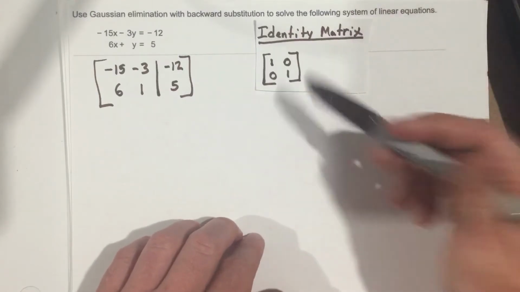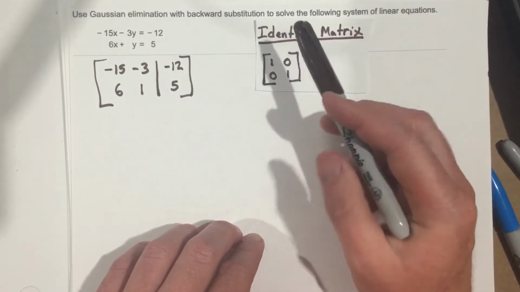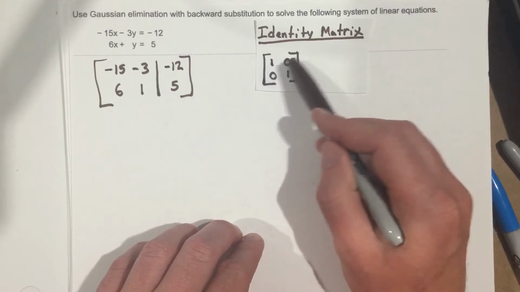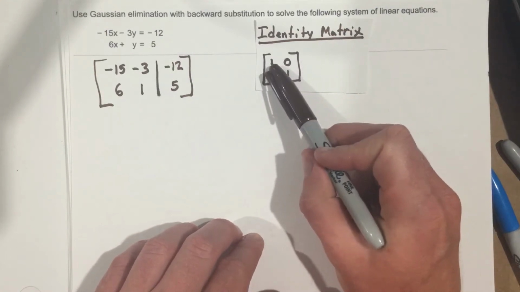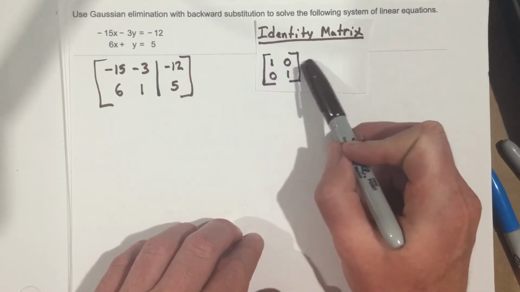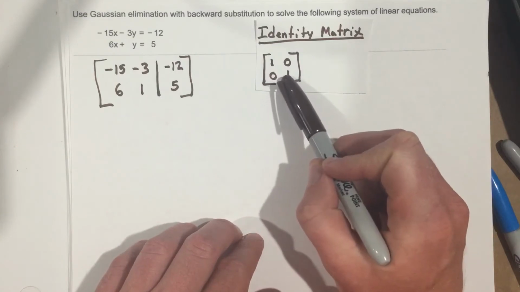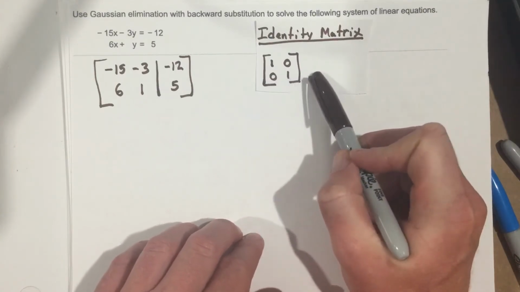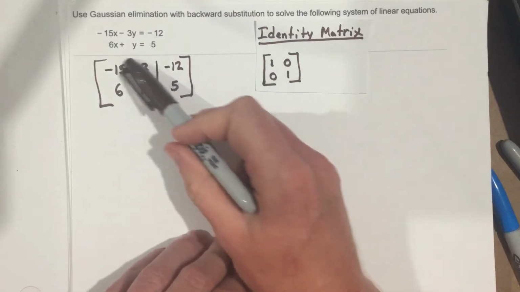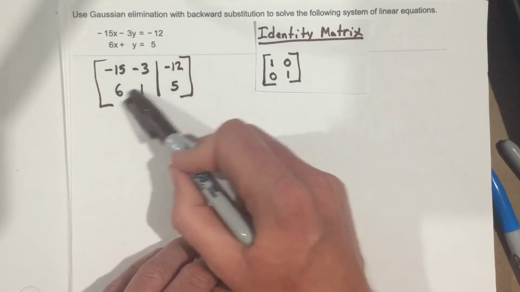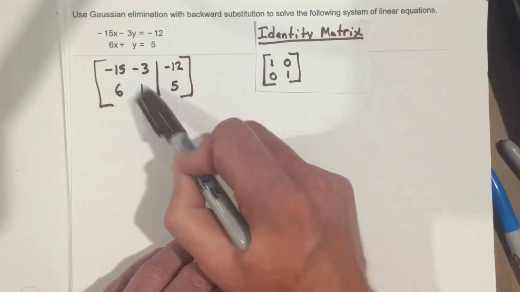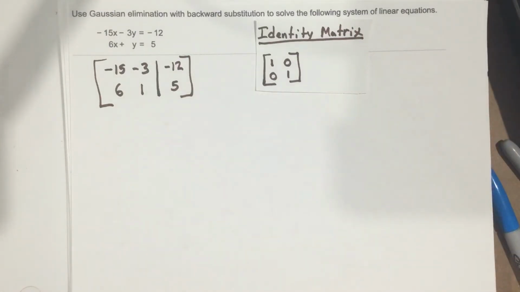We want to get an identity matrix. We want one equation to have just one x equal to some constant, and the other equation to have one y equal to some constant. So we want to solve this down to this part being the identity matrix 1, 0, 0, 1, so that we can find our solutions.